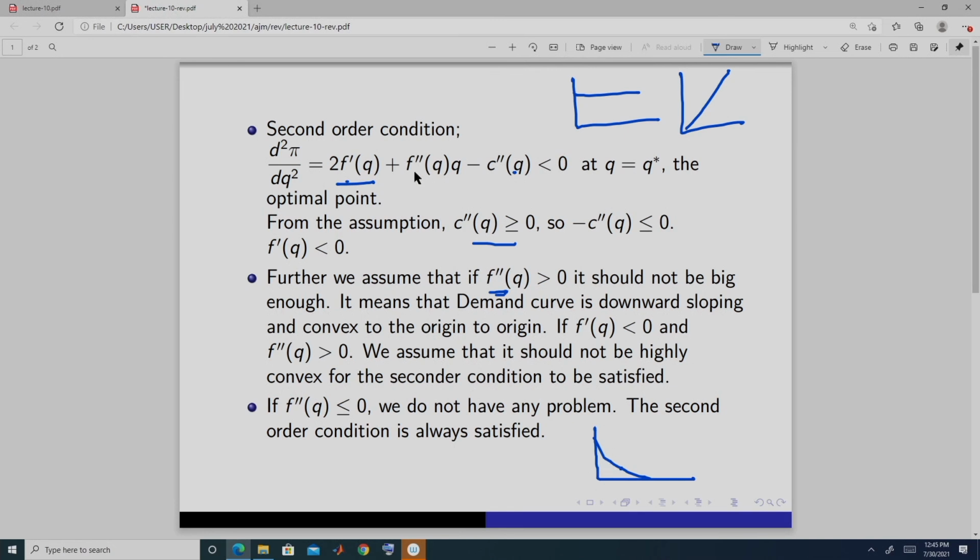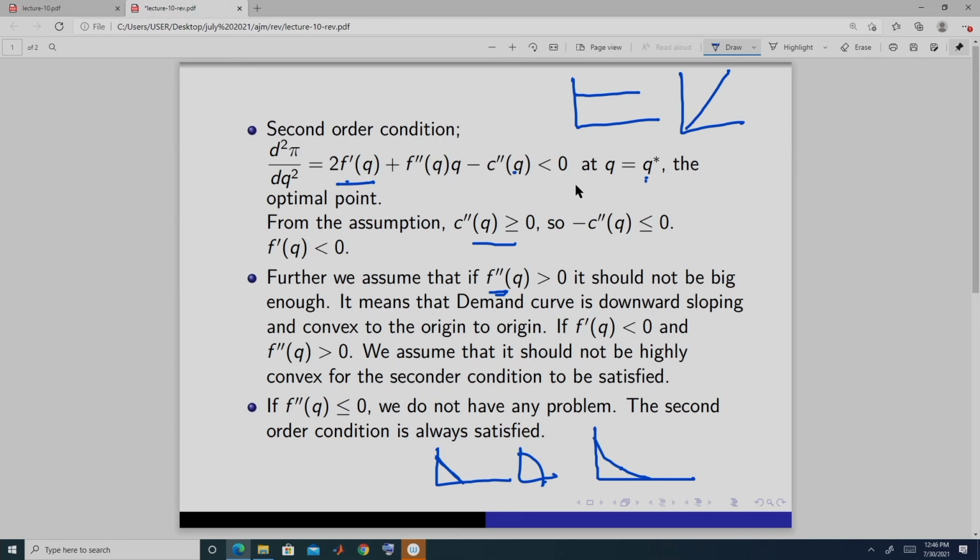For this overall to be negative at the optimal point, we need this curvature to be less convex. Even if it is convex, it should not be that convex. Then we will get this whole to be a negative number. But in the case of a concave demand function, which is like this or like this, it is always going to be negative. So, the second order condition is always satisfied.